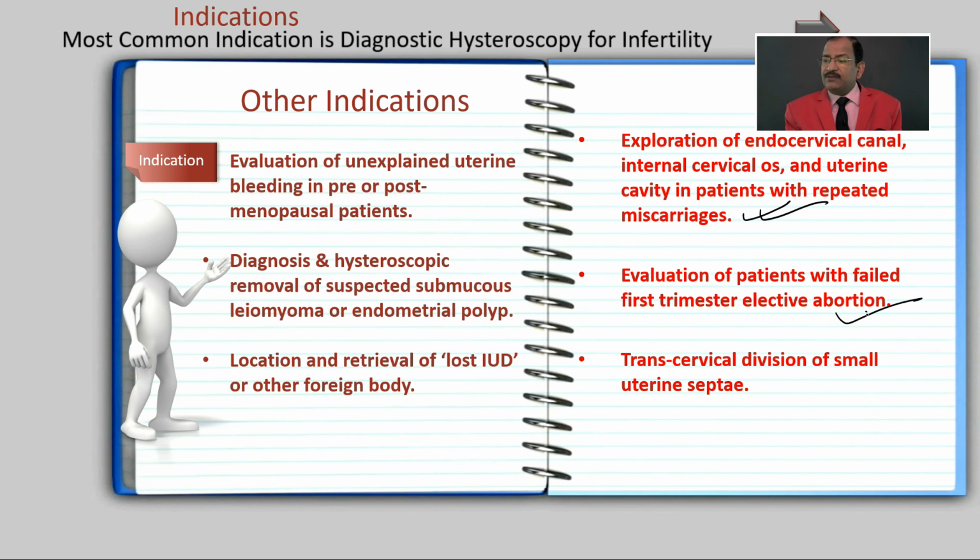Evaluation of a patient with failed first trimester elective abortion, and transcervical division of small uterine septi. These are the most common indications, and after diagnostic, these are other common operative indications of hysteroscopy. But these are not the only ones. There are many things, for any purpose you can do hysteroscopy.